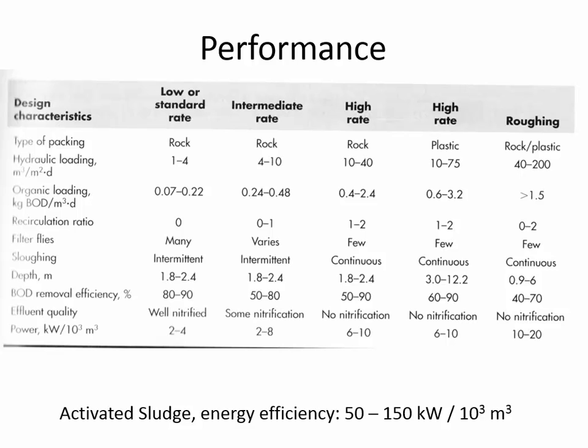You can see in the case of low or standard rate, it's only using between 2 and 4 kilowatts per 1,000 cubic meters of wastewater that's being treated. And so, you know, at the worst, the case of a roughing filter is maybe using up to 20, and the best case scenario for activated sludge is 50.